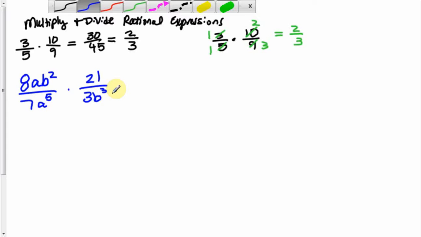Now remember what I said, you can simplify within the fraction, numerator to denominator, or you could simplify across any numerator with any denominator in the multiplication problem. Okay? So I might start with my coefficients. You might start with your A's. Somebody else might start with their B's. It doesn't matter. You're going to get to the same place as long as you do all of them.